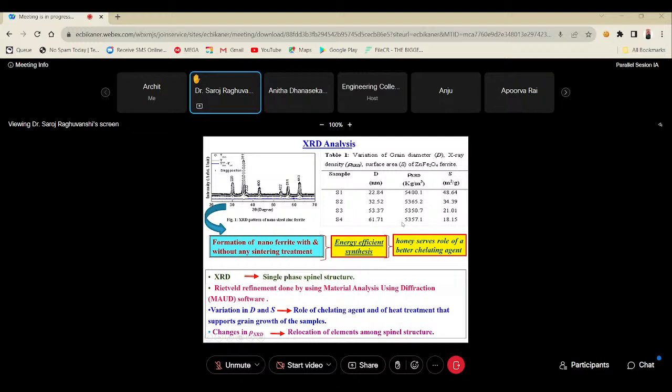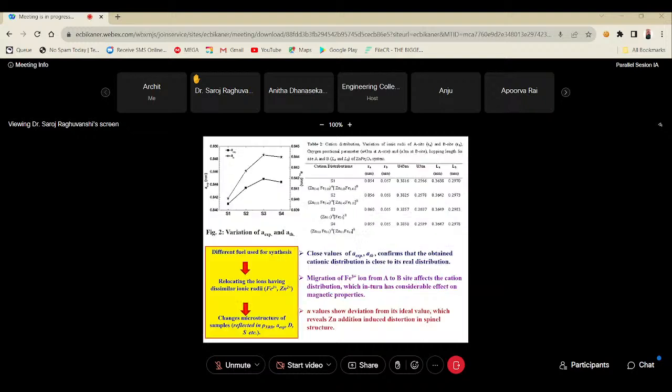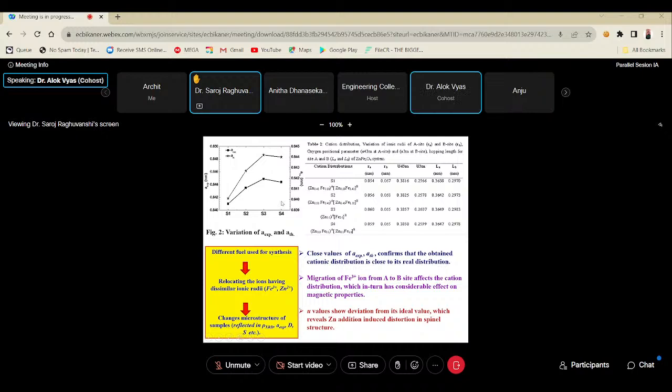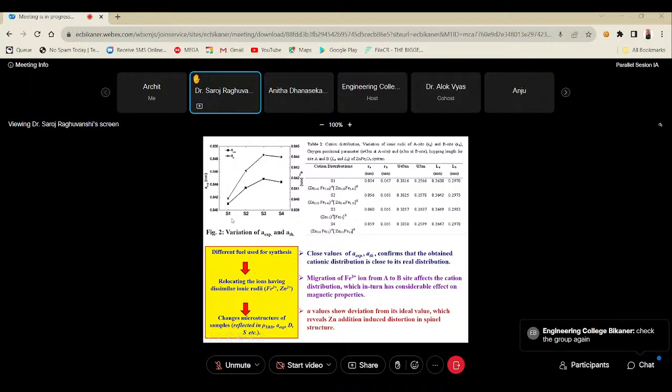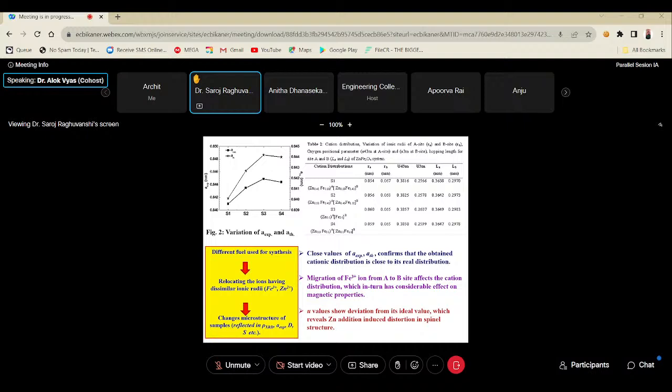Variation in the density explains the relocation of the ions within the spinel ferrite. The close agreement between the experimental lattice parameter and the theoretical lattice parameter confirms the cation distribution is close to the real distribution, and the migration of iron ion and zinc ion affects the crystal structure and also the relocation of cations, which in turn tunes the magnetic property of the material.